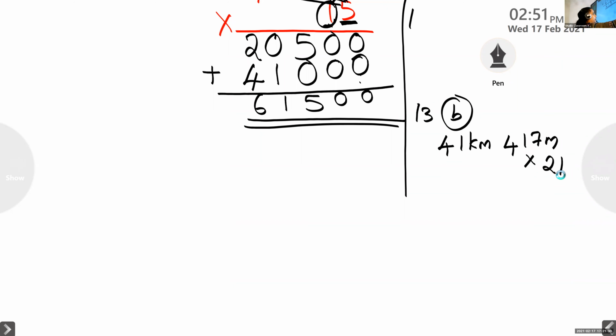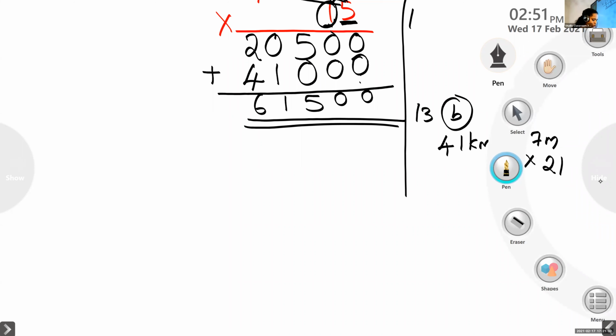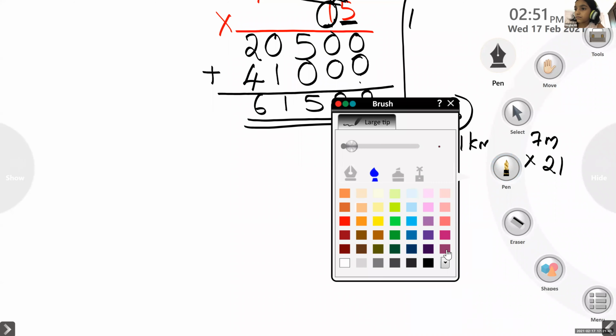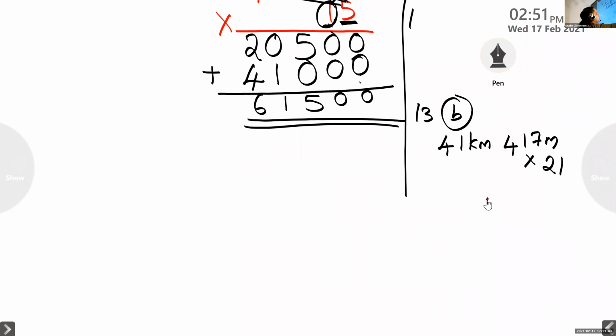How will we write kilometer and meter? 1 kilometer is equal to how many? Again, it is 1000 meter. Okay. So children, you can do it here also, but here it's already 3 digits. 1 kilometer is equal to 1000 meter. So children, no problem here. We have 3 digits.